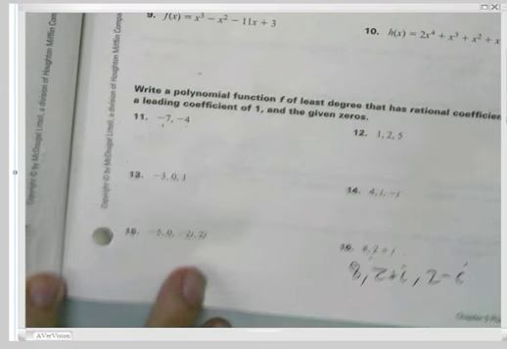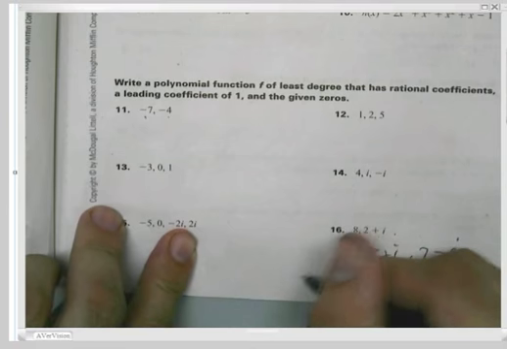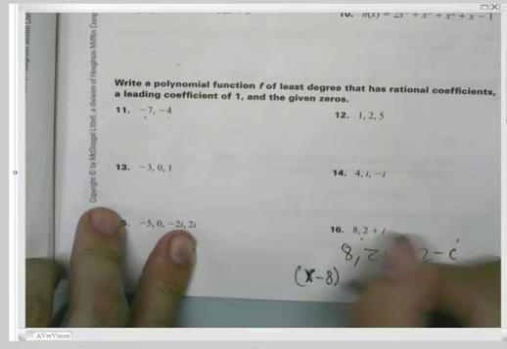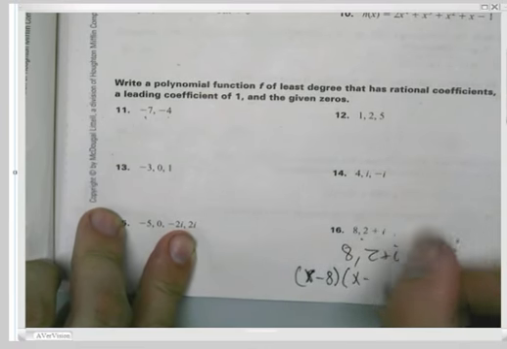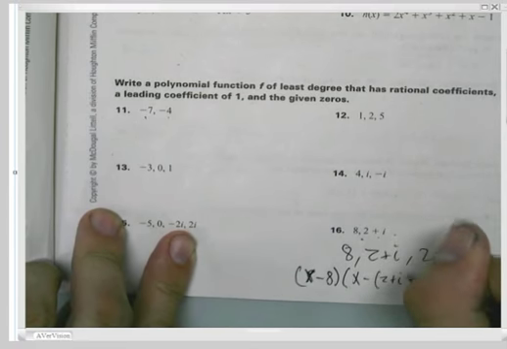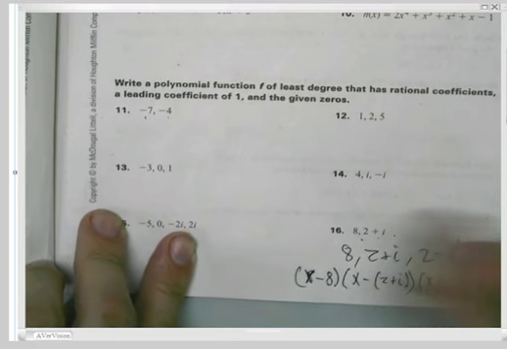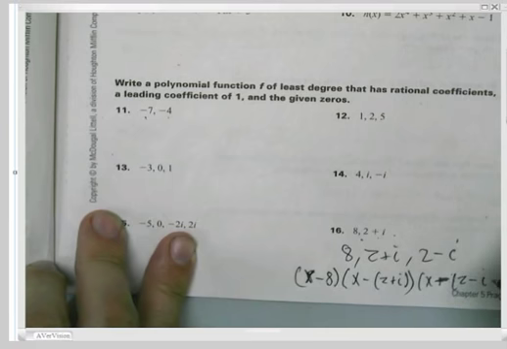So what we would do, we'd set it up like this: 8 times x minus 2 plus i times x minus 2 minus i. Yeah, that's the way you're going to set it up.